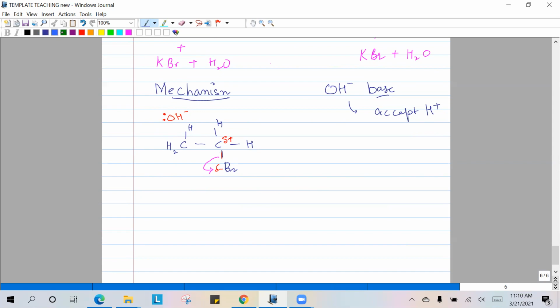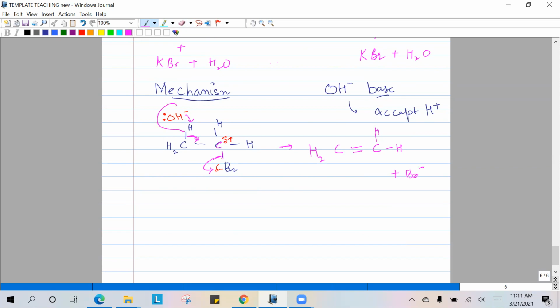The electron from this point will come over here. Now this H is attacked by the OH minus. And the electron from here shifts to this, or this is wrong. Why is this wrong? The reason is the Br is taking away both the electrons, and this bond shifts over here. So you end up with H2C=CH2, and the Br separates out.